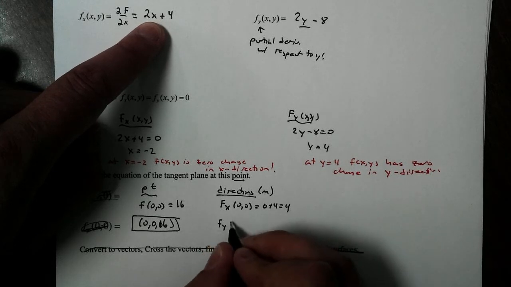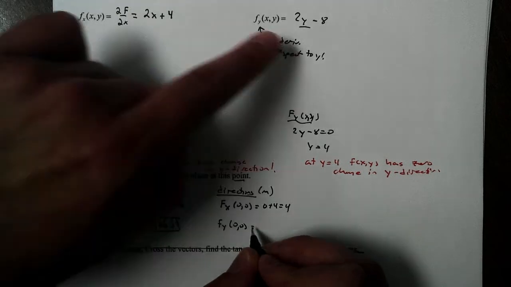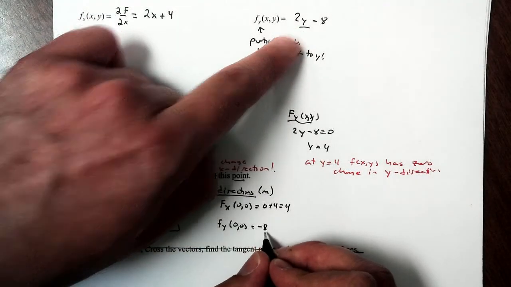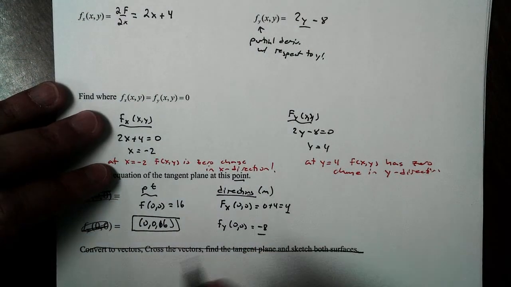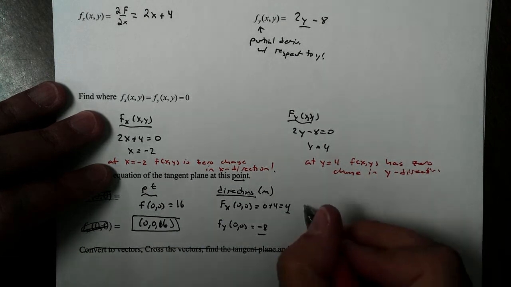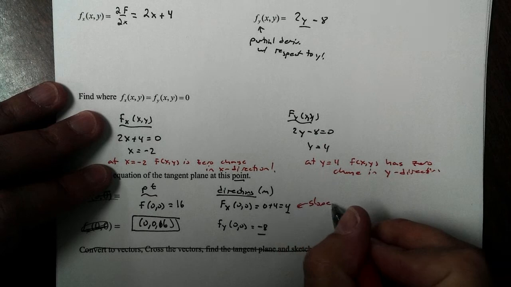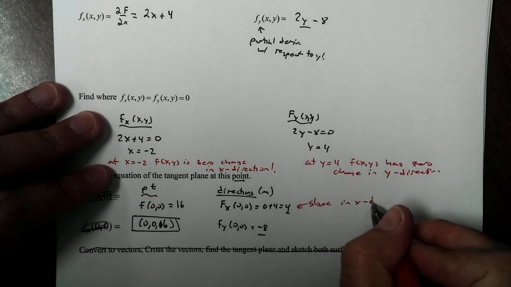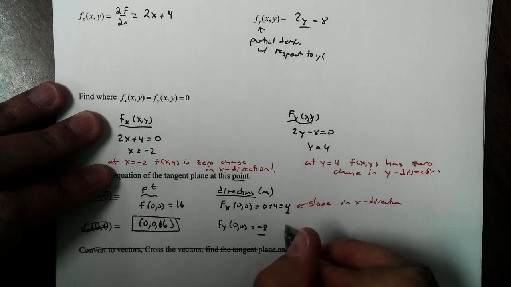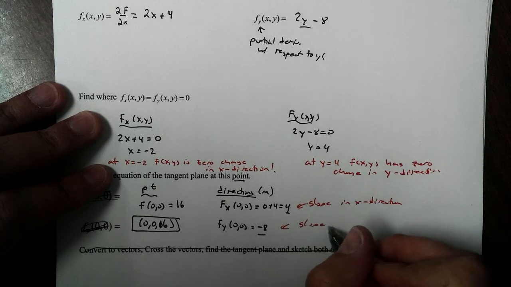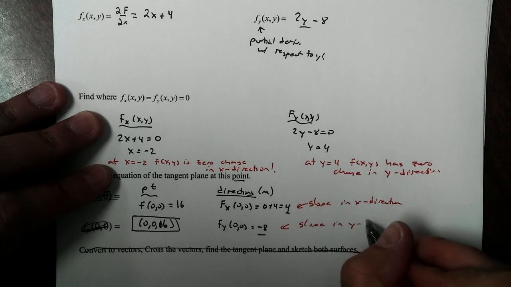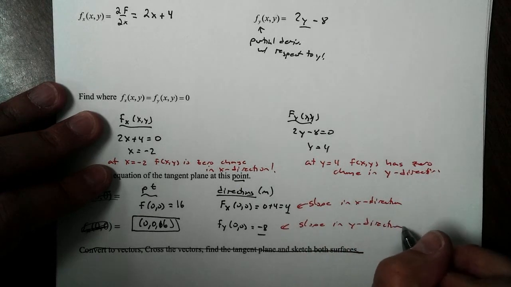Find the slope in the y direction at 0, 0: plug in here, we would get negative 8. So we have our slopes. This is the slope at that point in the x direction, and here is the slope at that point 0, 0 in the y direction.